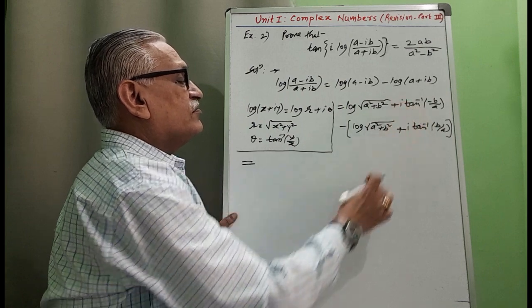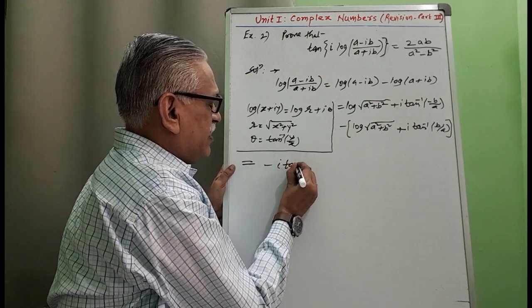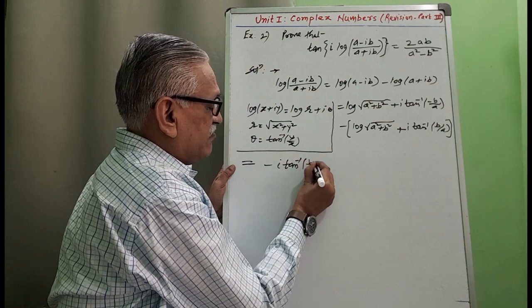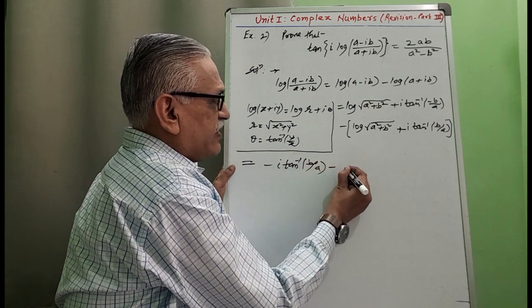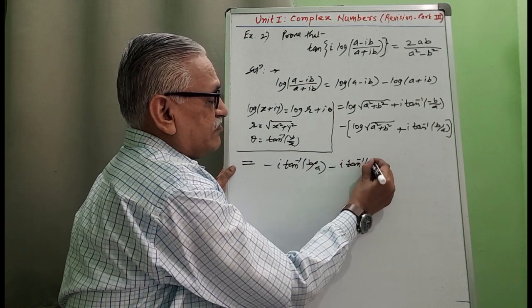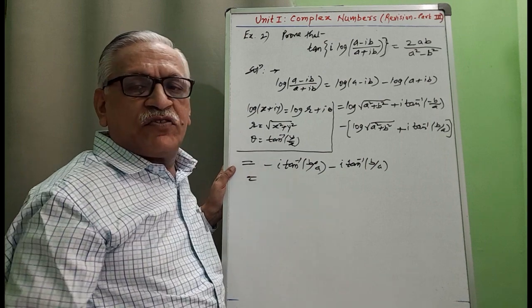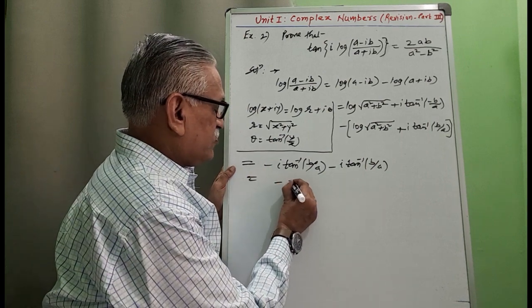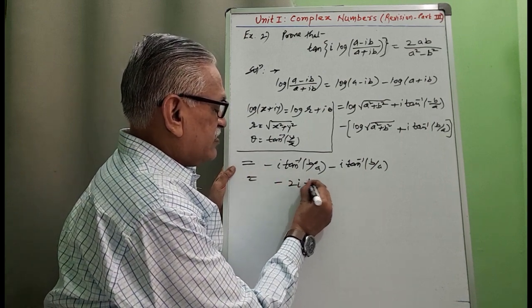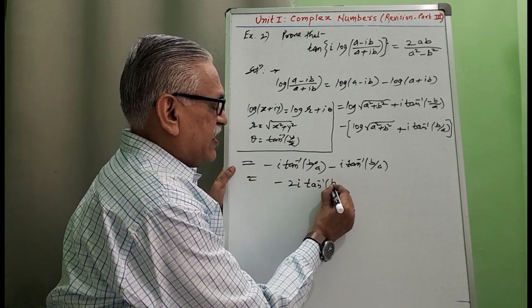This minus i times tan inverse of b by a, and again minus i times tan inverse of b by a. Addition of these two is minus 2i tan inverse of b by a.